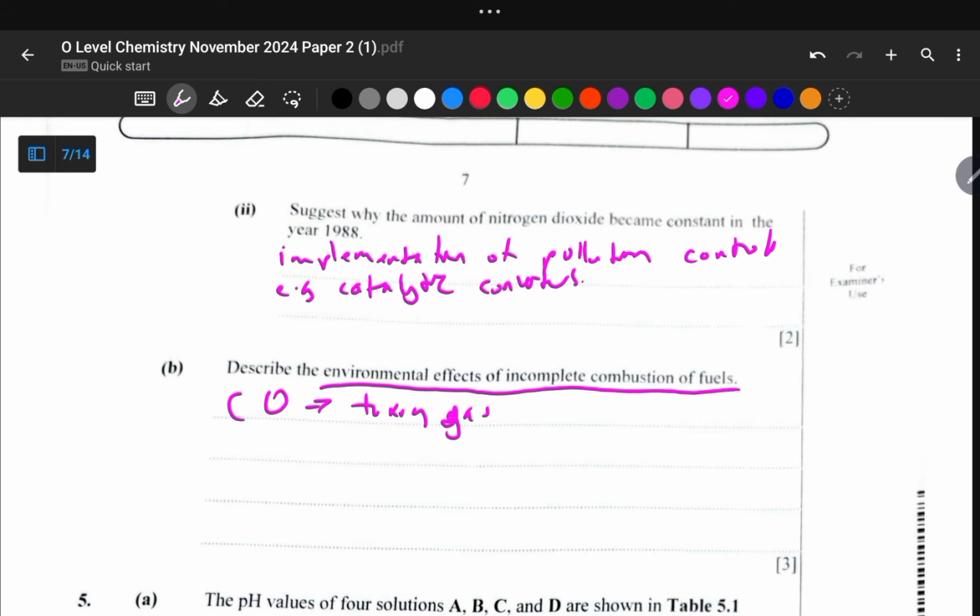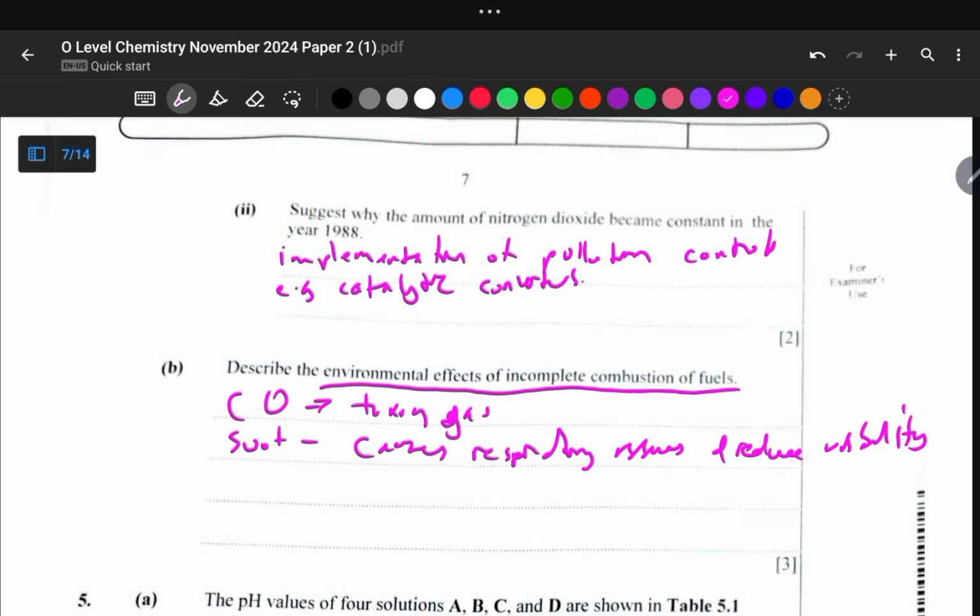So you need to know the effects of carbon monoxide in the body. And also there is production of soot, which causes respiratory issues and also reduces visibility.